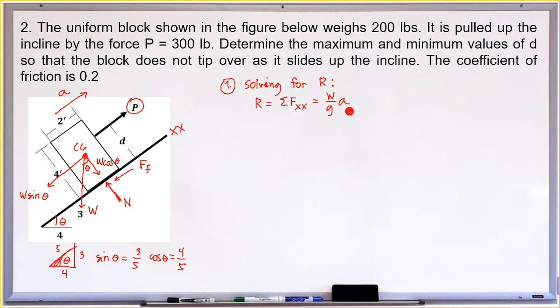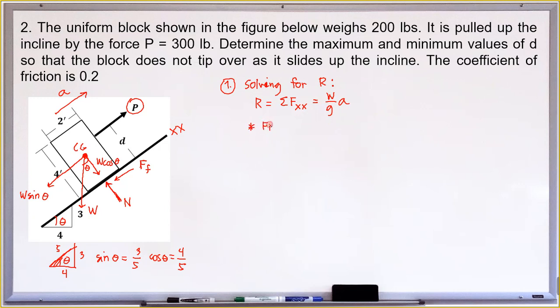So that is why, even if we are analyzing as a rigid body, we still use some of the processes that we also used in analyzing an object as a particle. So to solve for acceleration, we need an FBD, no? FBD.